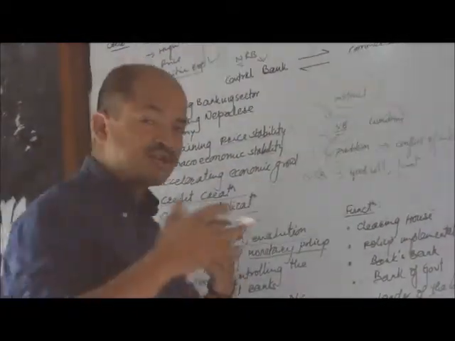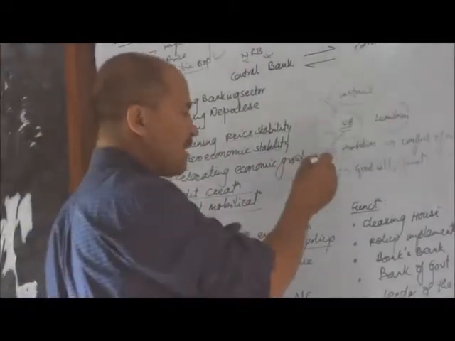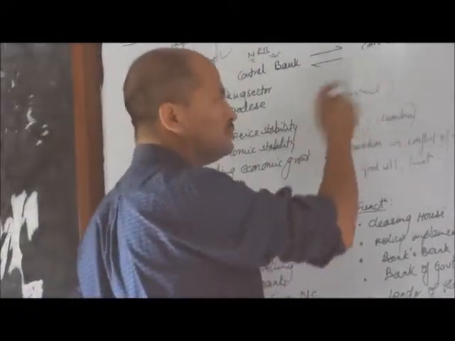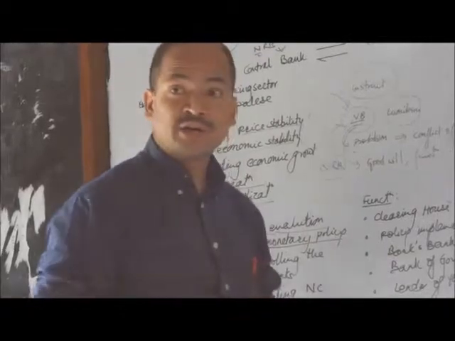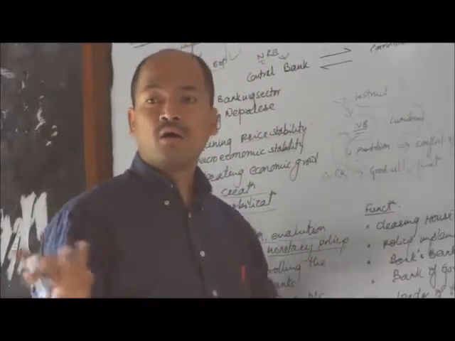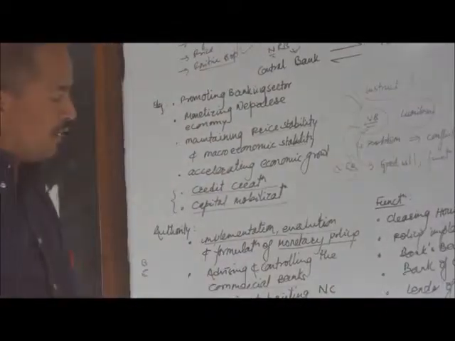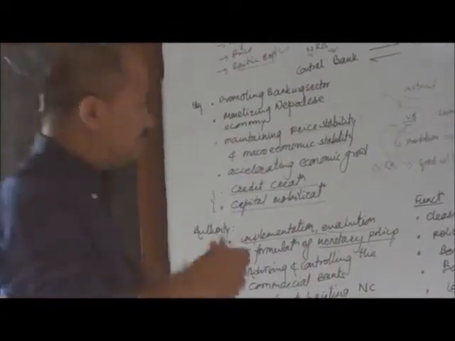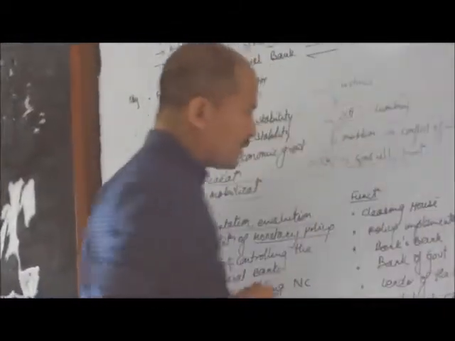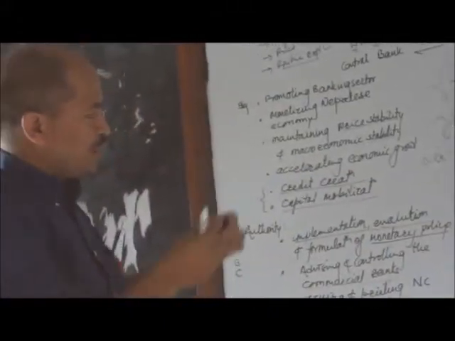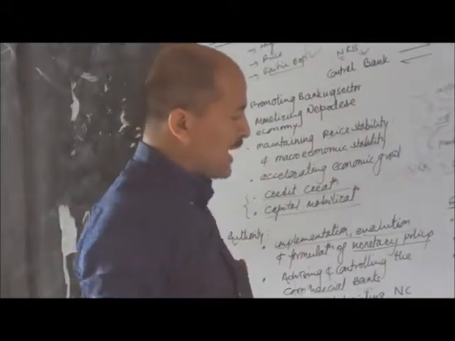And after a certain time period, Nepal Rastra Bank transferred its authority to the owners or the shareholders. This is the part. And if you observe this situation, what happened?